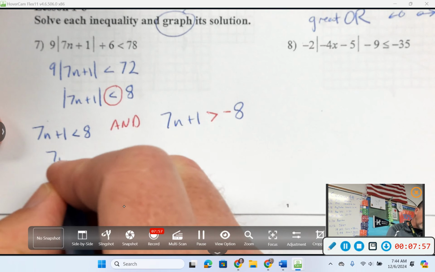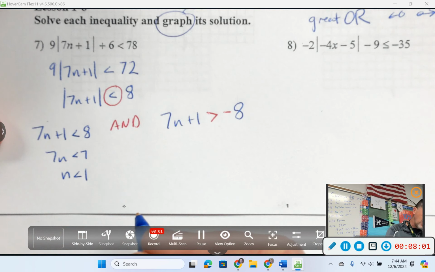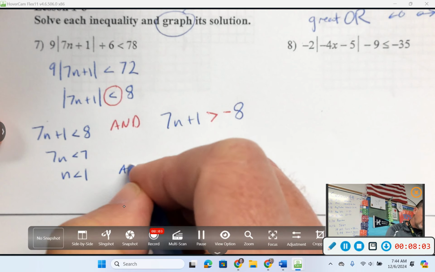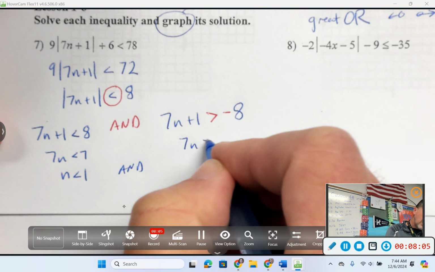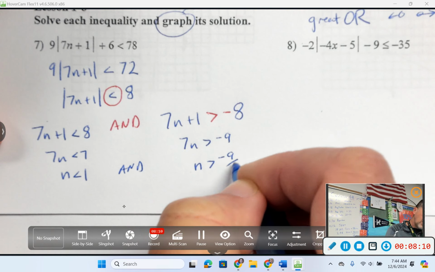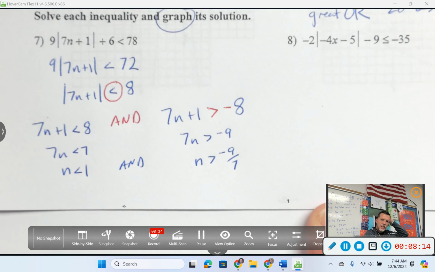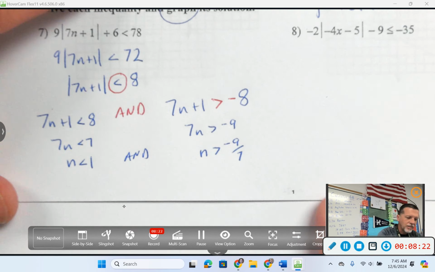So let's keep going here. 7n is less than 7. n is less than 1. And n is greater than negative 9/7. They're open. So negative 9/7 isn't great, but it's certainly smaller than positive 1, so it's not hard to find on the number line.